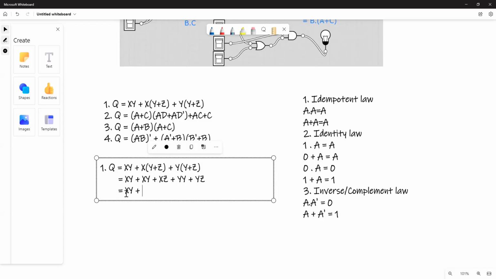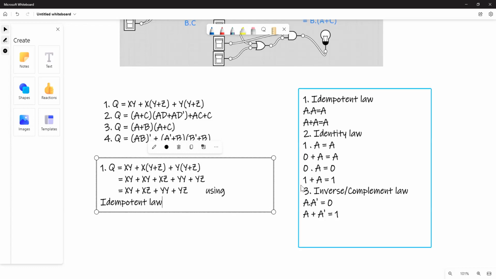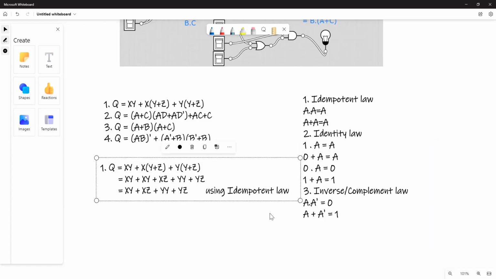So we will simplify with that. We can say XZ plus YY plus YZ. This is actually using the idempotent law, because we know that XY plus XY is XY, right?